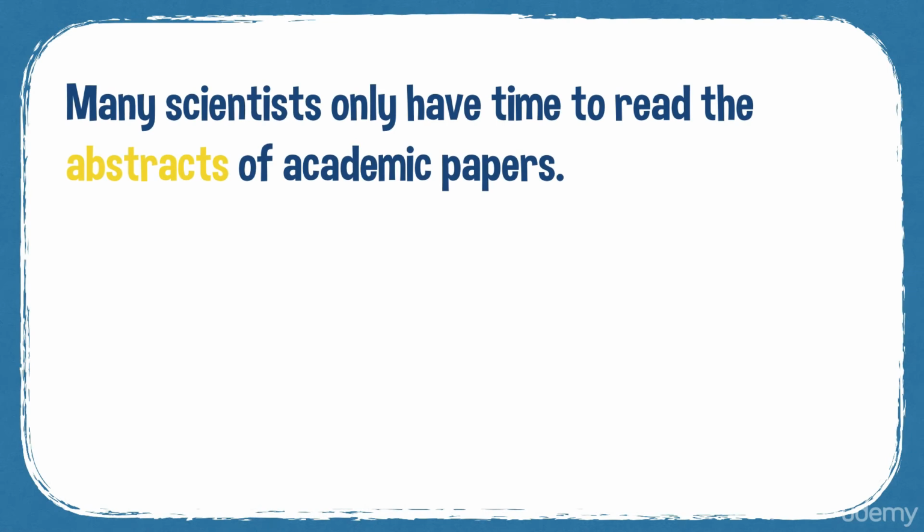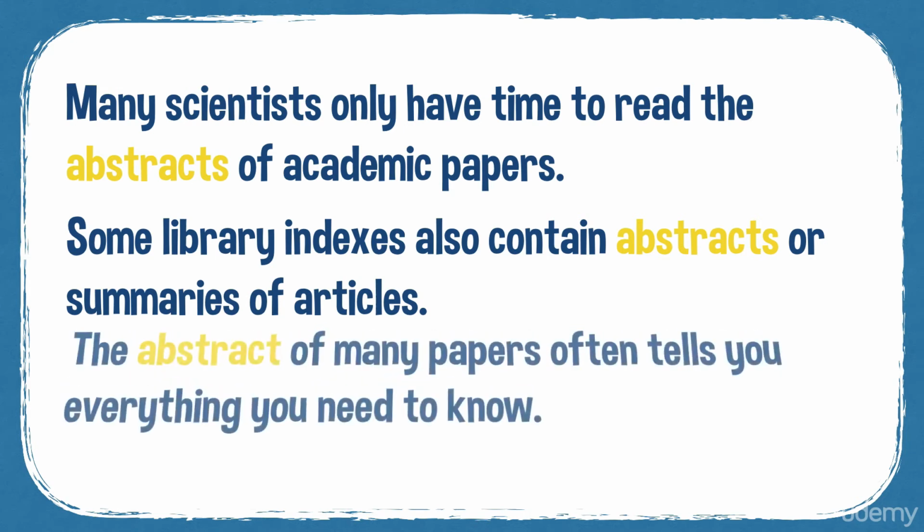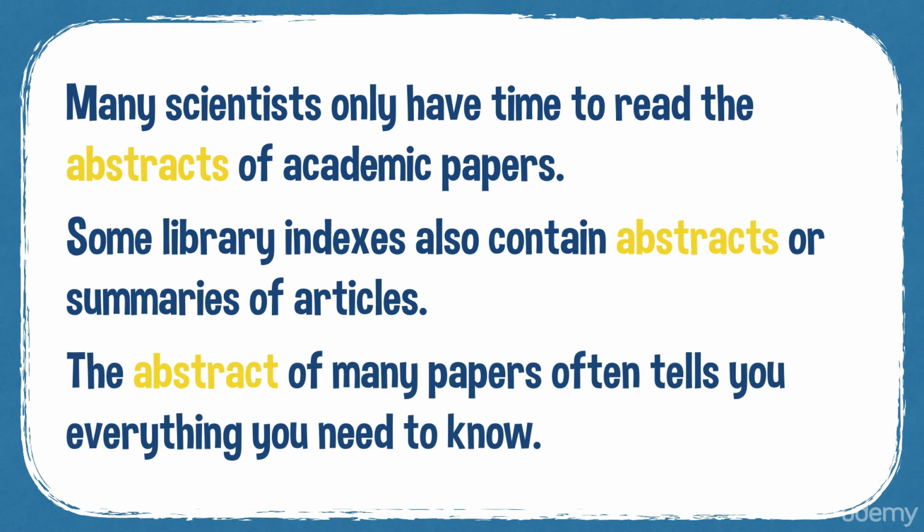Many scientists only have time to read the abstracts of academic papers. Some library indexes also contain abstracts or summaries of articles. The abstract of many papers often tells you everything you need to know.